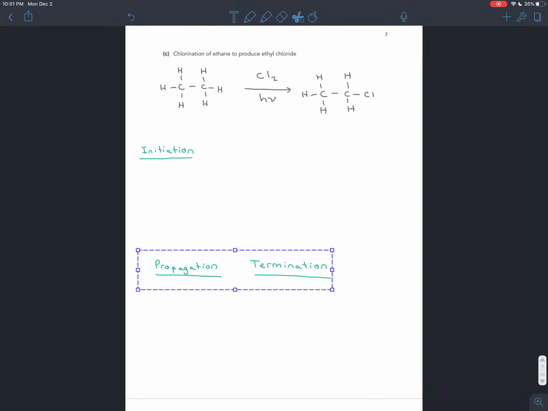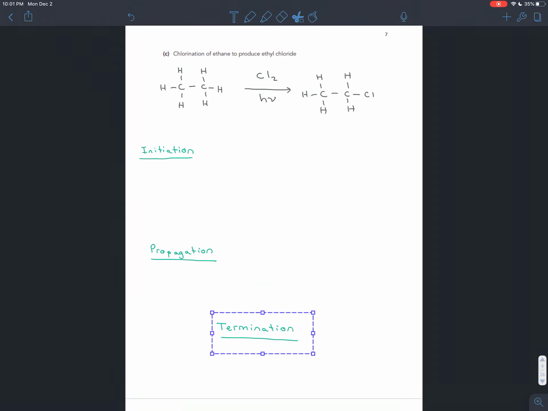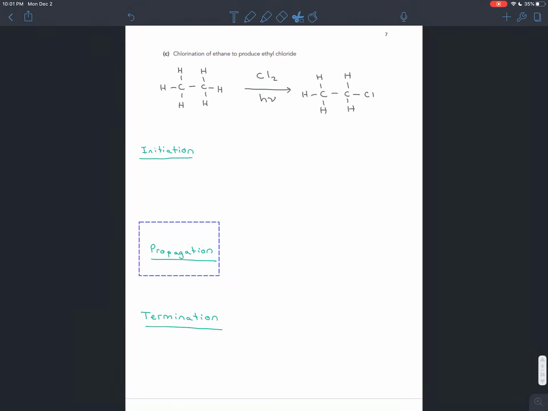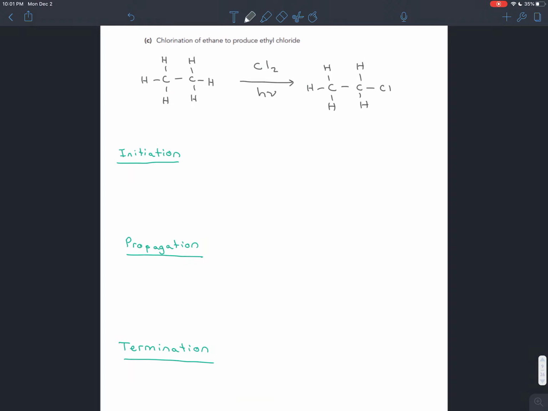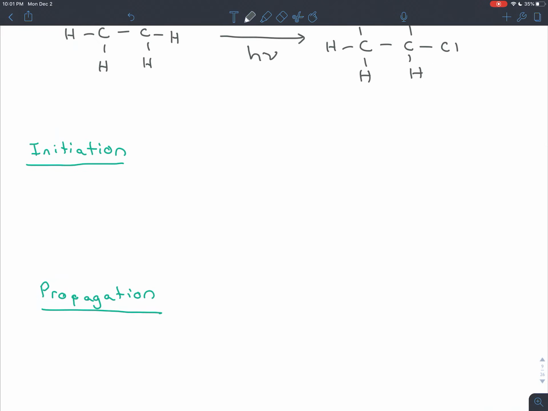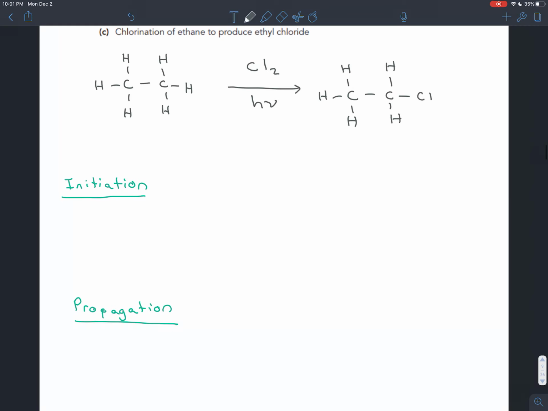The beginning, the initiation step for these radical halogenations is always the same. You just take the halogen, when you shine ultraviolet light on it, UV light on it, it makes this bond, which is already vibrating around 10 trillion times per second, 10 to the 13th times per second, vibrate faster and faster and faster until the spring snaps.